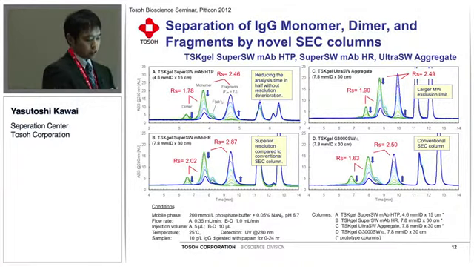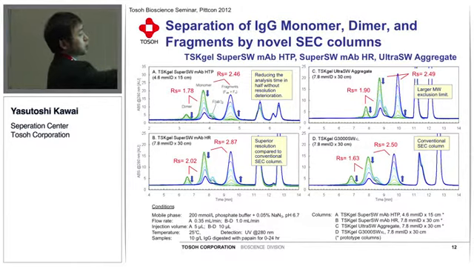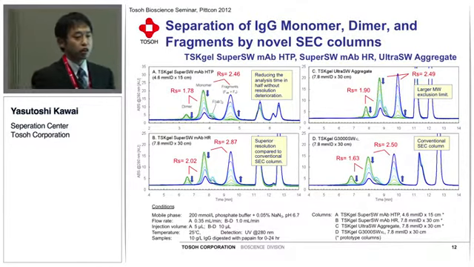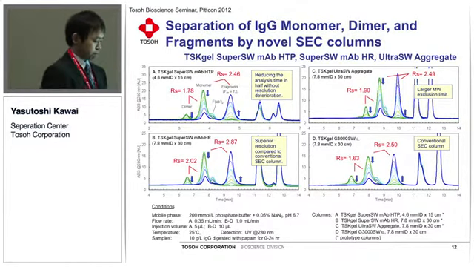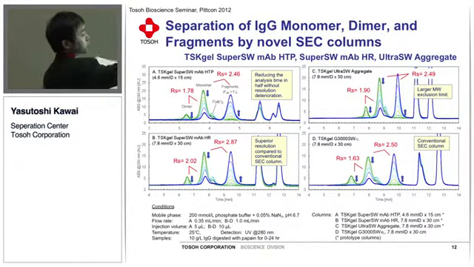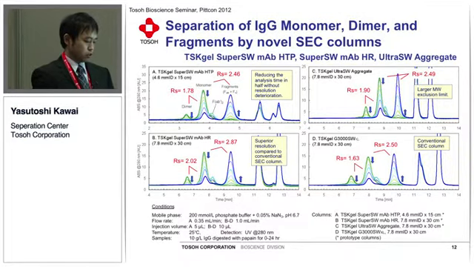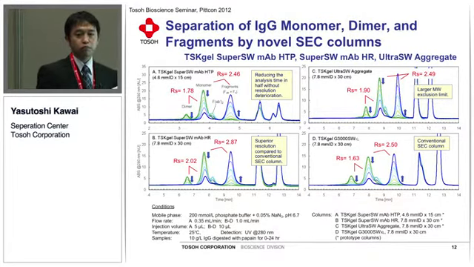Figure A shows the separation by SuperSW mAb HTP. HTP means high throughput. This is a semi-micro short column, 4.6 millimeters by 15 centimeters. This column is packed with 4 micron particles.